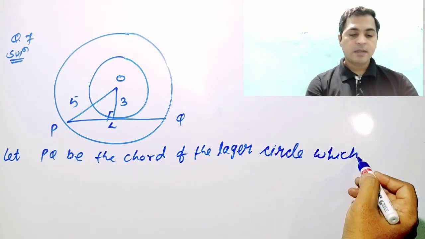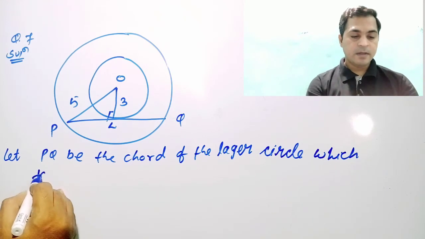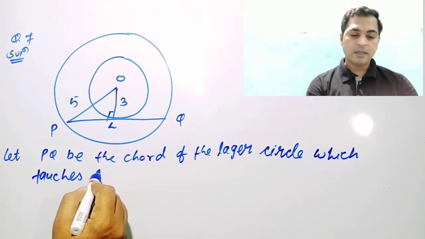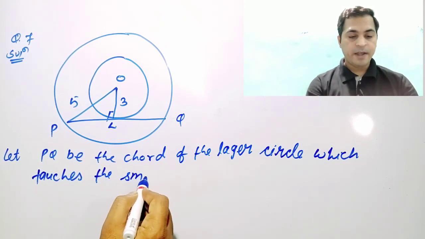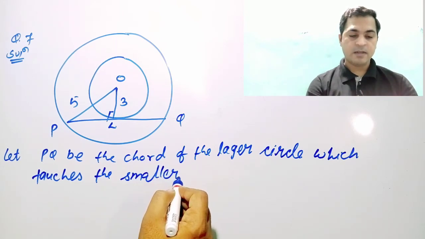PQ is a chord of the larger circle which touches the smaller circle at a point, suppose L, right?